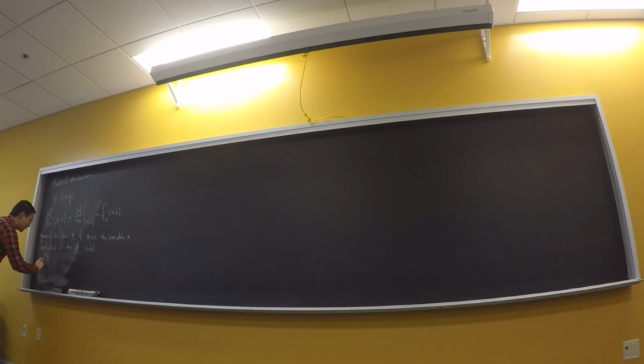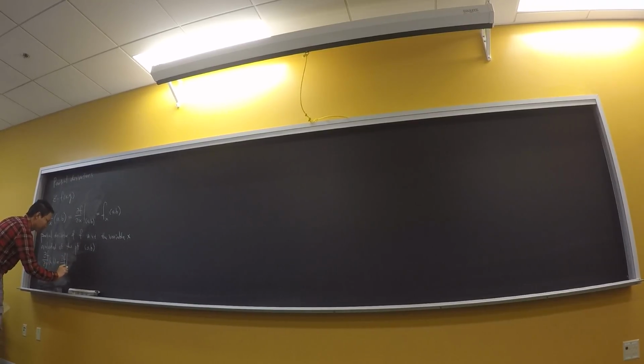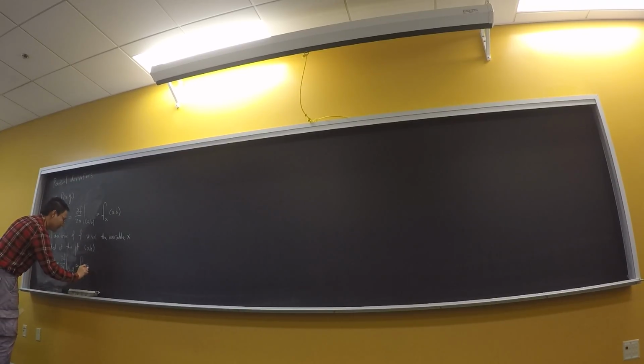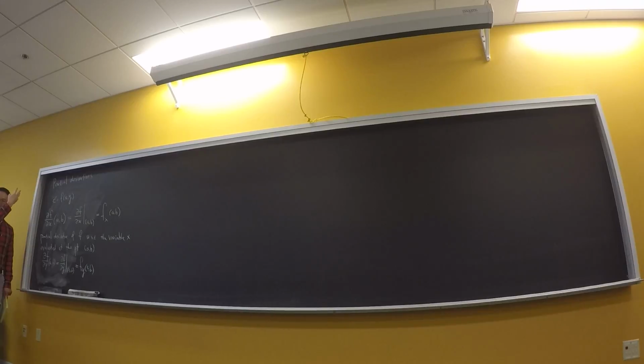Partial f, partial y evaluated at (a, b) can also be written as partial f, partial y at (a, b), or simply f sub y at (a, b). Okay? So the notation for partial derivatives is as follows.